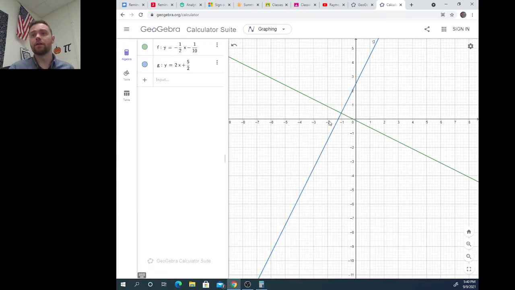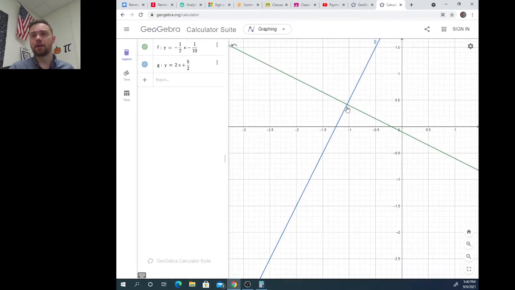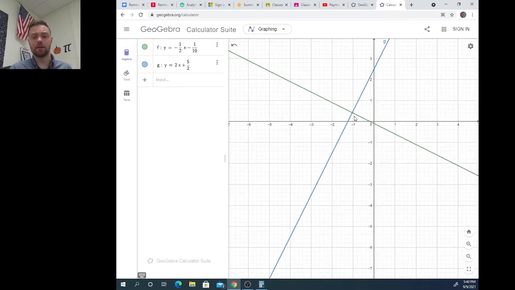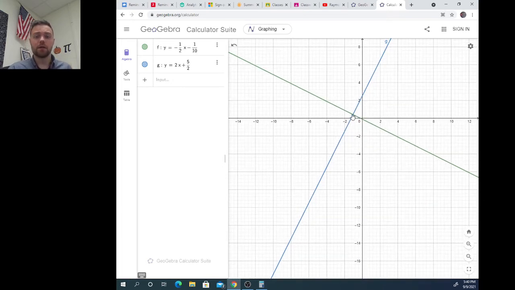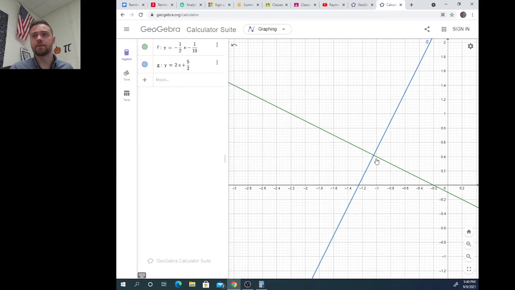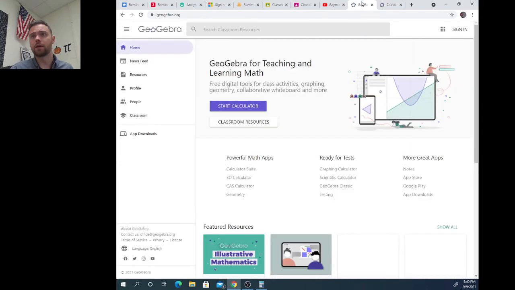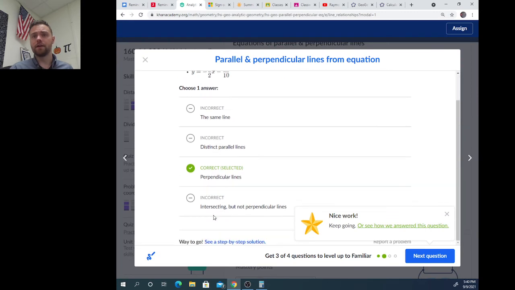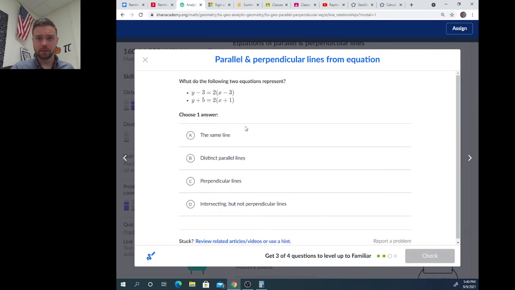So if you take a look here, it doesn't take a rocket scientist to see that these two lines are forming a 90-degree angle all around. So they are perpendicular lines. And that's essentially what you want to do. You want to be able to graph these lines and see if they are perpendicular, parallel, the same line, or if they intersect but they're not perpendicular.